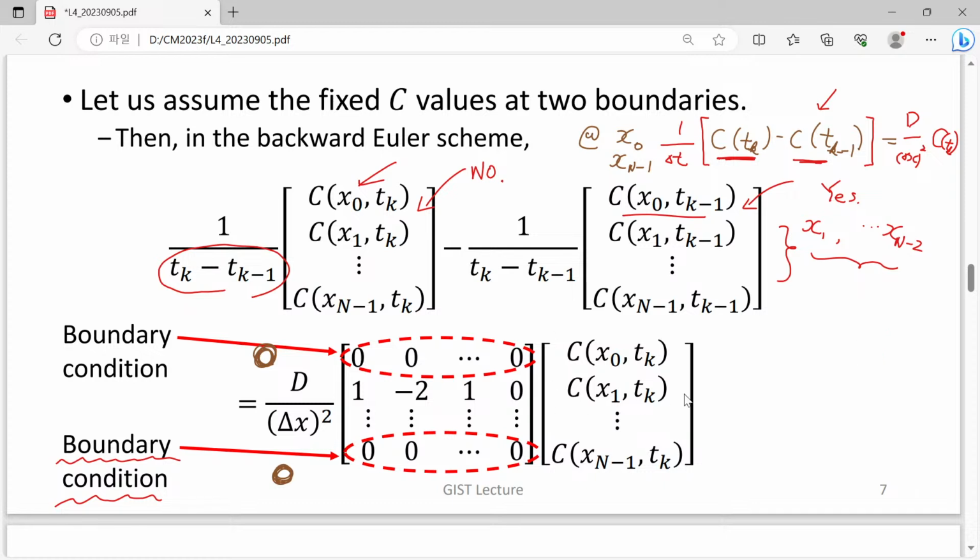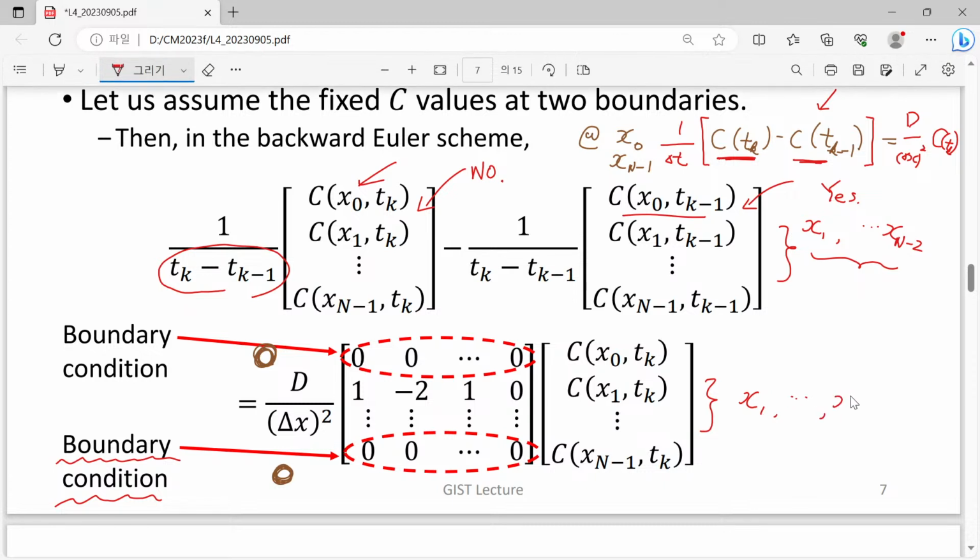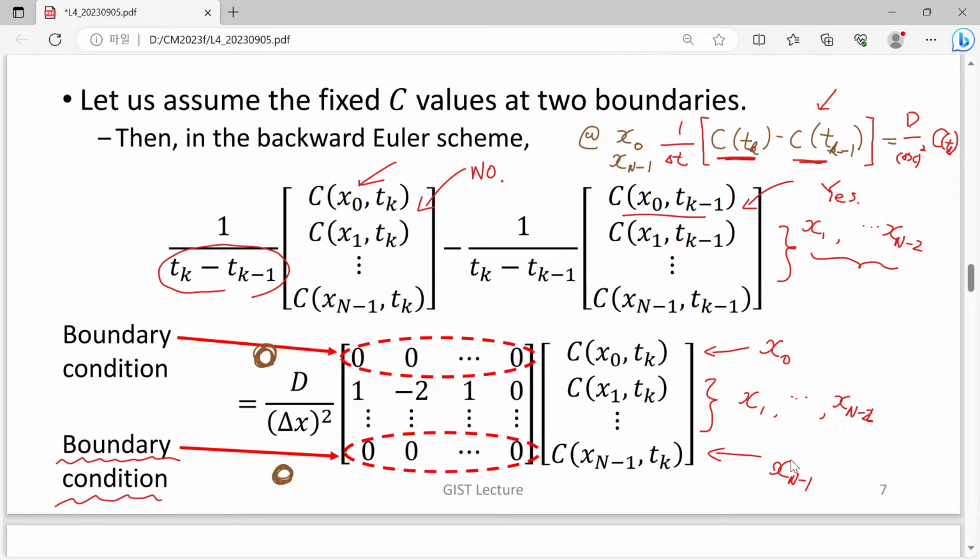Here, bulk points means the points starting from x1 ending at x n minus 2, sorry, they are not related with the contact points. However, when we consider boundary points like x sub 0 and x n minus 1, we can no longer apply the original form of our equation, because our equation should be augmented with boundary conditions.